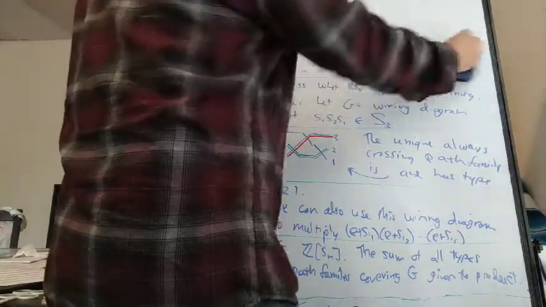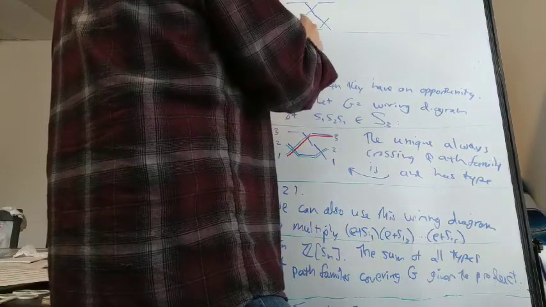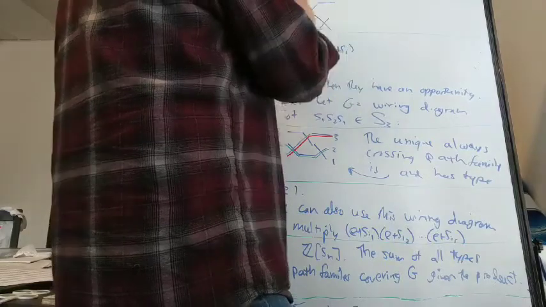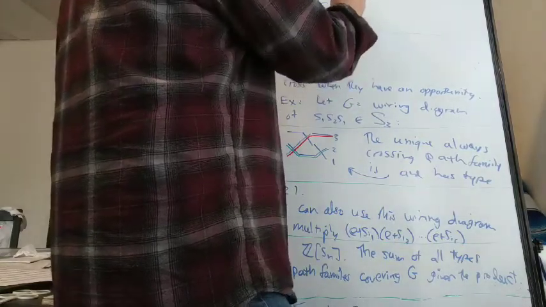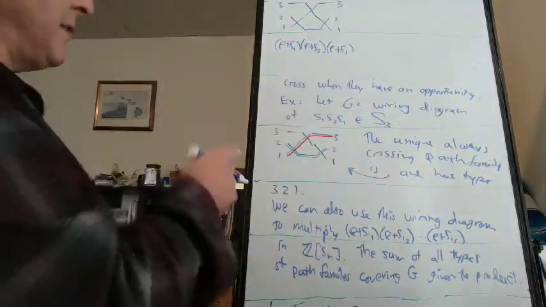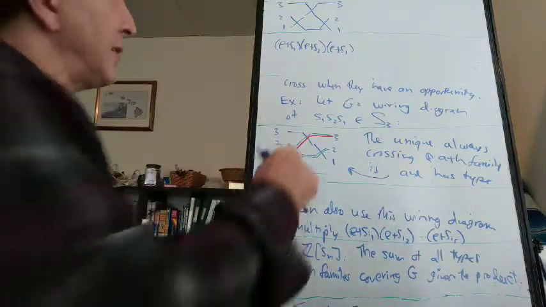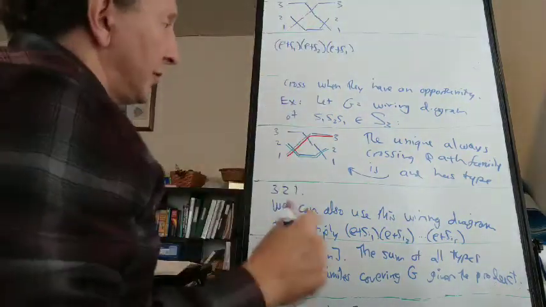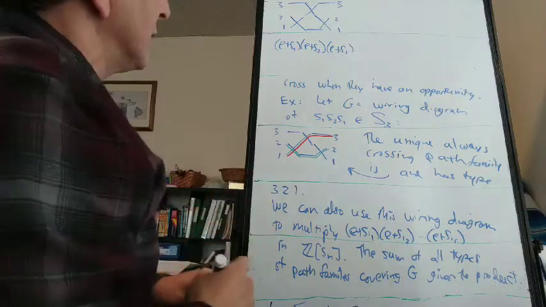So if we use the same example, now this represents (e + s1)(e + s2)(e + s1). Now there are going to be 8 families of paths that cross this, because at every intersection we have a choice: cross or don't cross, cross or don't cross, cross or don't cross. So let's write out all 8 of those.